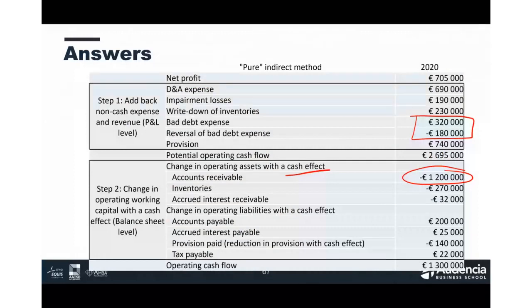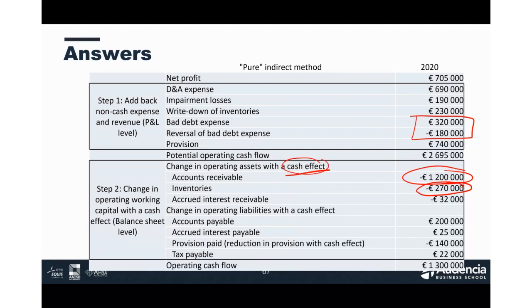It's the same for the inventories. Here we have the change with the cash impact, 270,000, because we increase the inventories at gross value by 270,000, we have to pay for that. Or we can exclude the DNA. Of course, here is with the cash impact, but one part is because of the DNA. So it's not totally the cash impact.